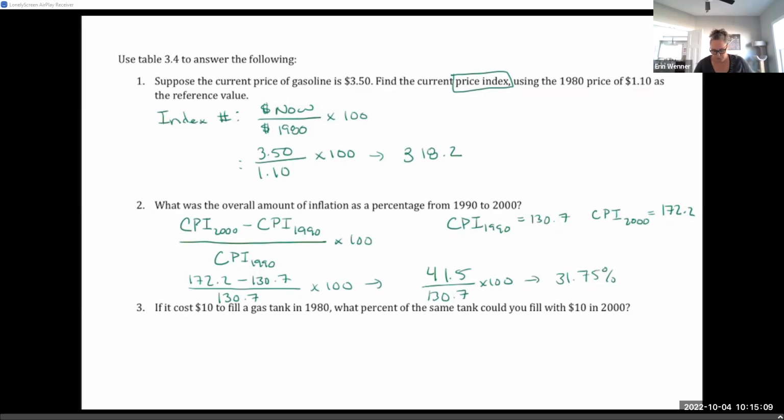Okay, so really quick, giving you the idea of what inflation increased from 1990 to 2000, we have a 31.75% increase for inflation.